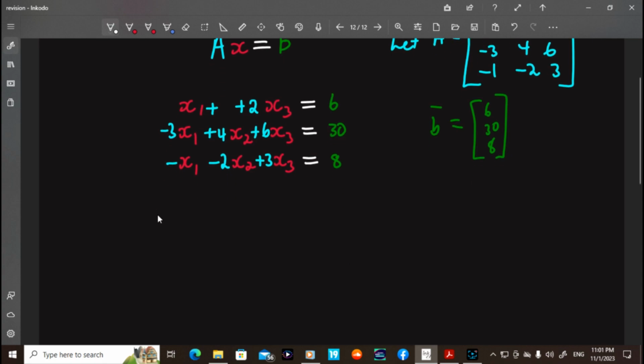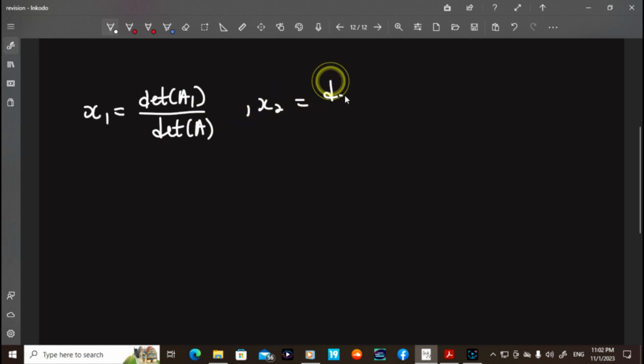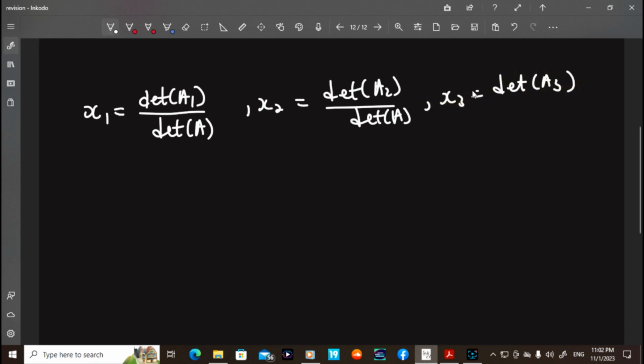So now according to Cramer's rule, if we want to find x1, for example, we are going to find the determinant of A1 divided by the determinant of A. And x2 as well, the determinant of A2 divided by the determinant of A. Also x3, the determinant of A3 divided by the determinant of A.